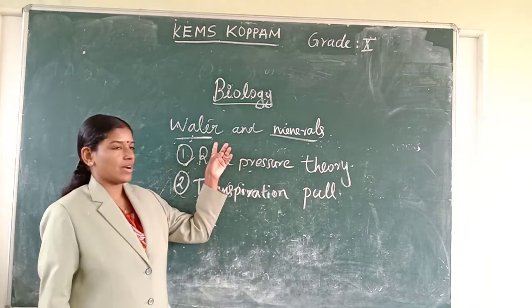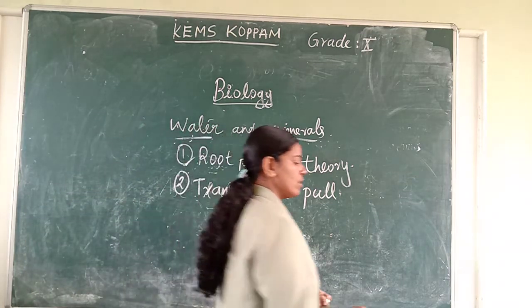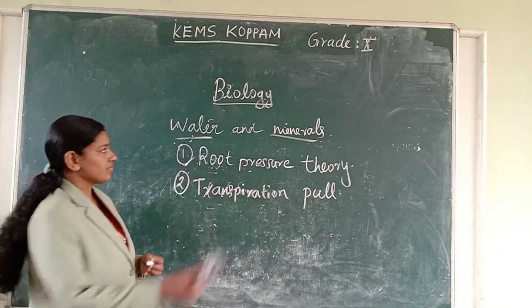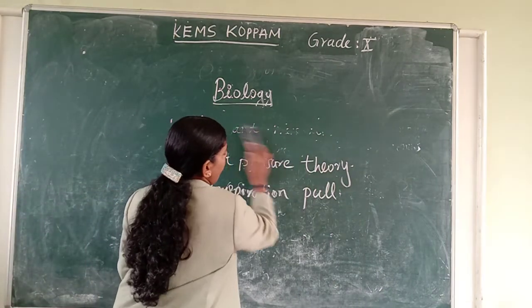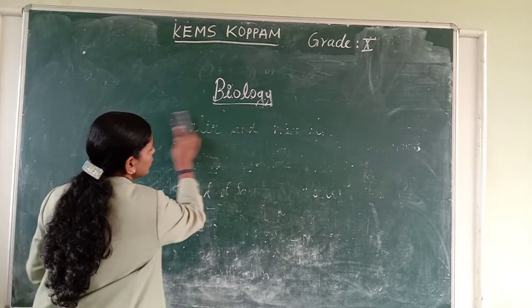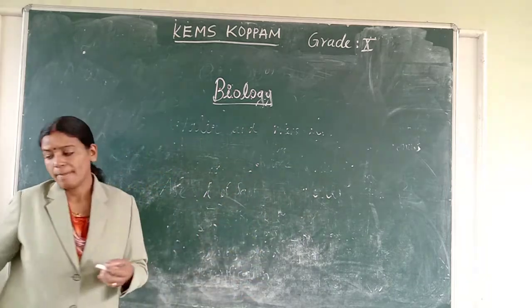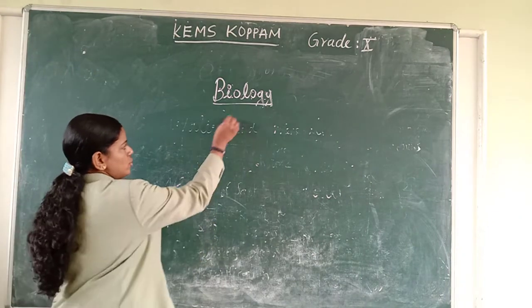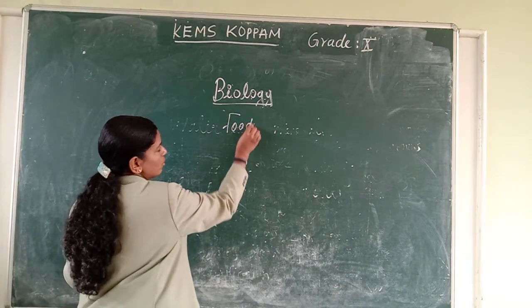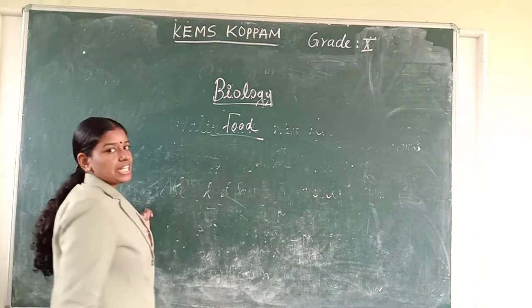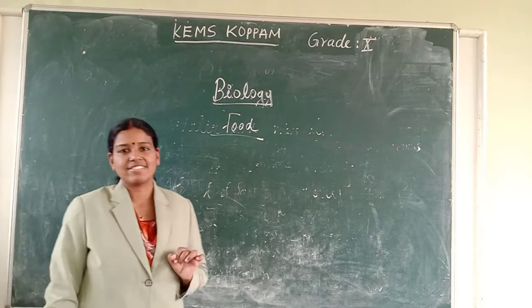Moving on to the next one, food particles. How does transportation of food particles take place? We know that food is transported by the major conducting tissue, phloem. So how is this possible? Food is produced only in leaves, right?